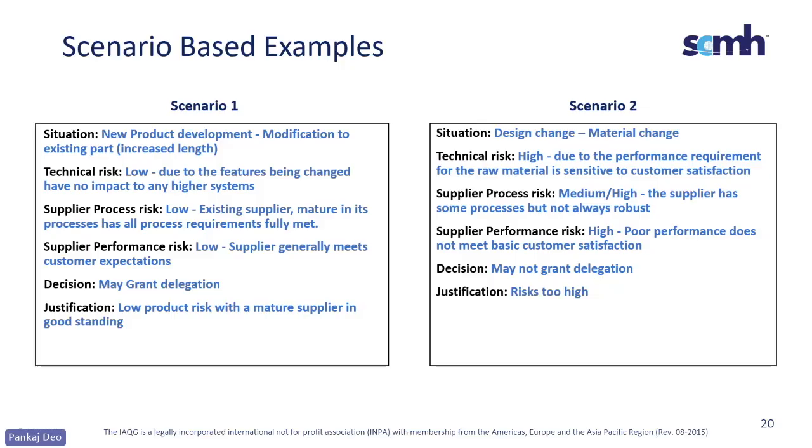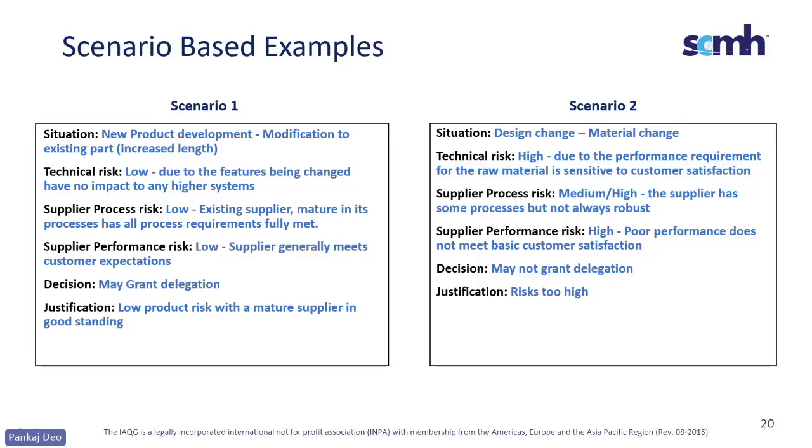So with that information, this IPT, this multifunctional team of engineering and supply chain quality from the customer, may decide to grant the delegation for this particular product development for this supplier. Again, they can decide for this particular product, or they can decide at the supplier location level that this supplier can handle PPAP delegation for all the products they can manufacture at that location.